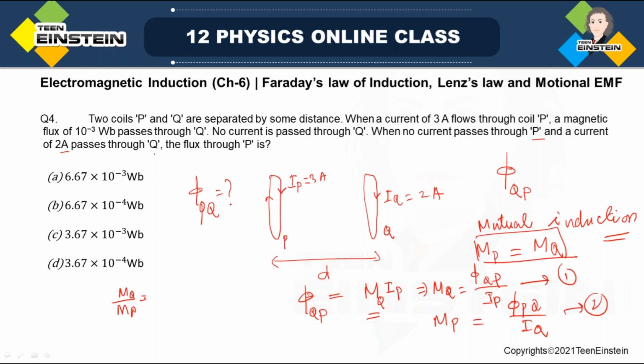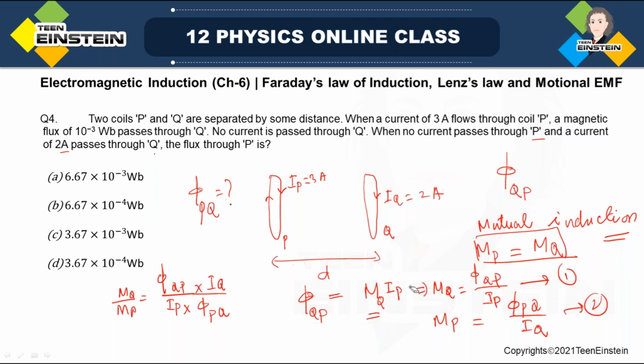MQ by MP is equal to phi QP divided by IP, and MP again it is phi PQ, and in the numerator it will be IQ.